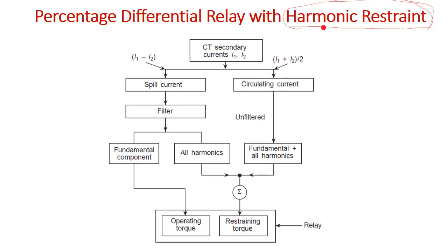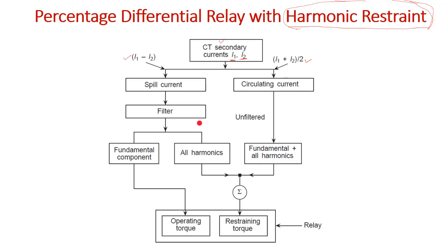Now we can see the scheme here. In the CT secondary currents we have I1 and I2. These are the CT secondary currents on both sides, primary and secondary, of the main transformer. The spill current is I1 minus I2, and the circulating current is (I1 plus I2) by 2.